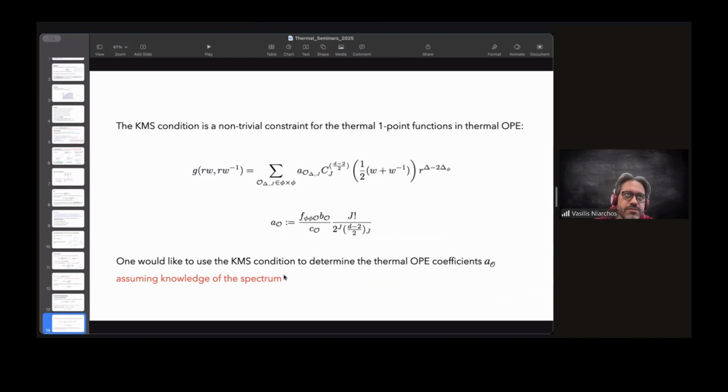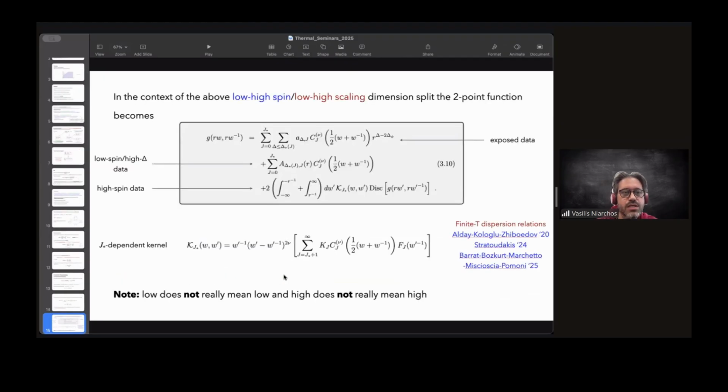I mention this because it will be good, when we implement the thermal bootstrap, to have an economical way of treating the data. So now let me be very specific about how I do the low-high spin and low-high scaling dimension split of the 2-point function. Here we can see explicitly how it arises and how the dispersion relation part comes in.